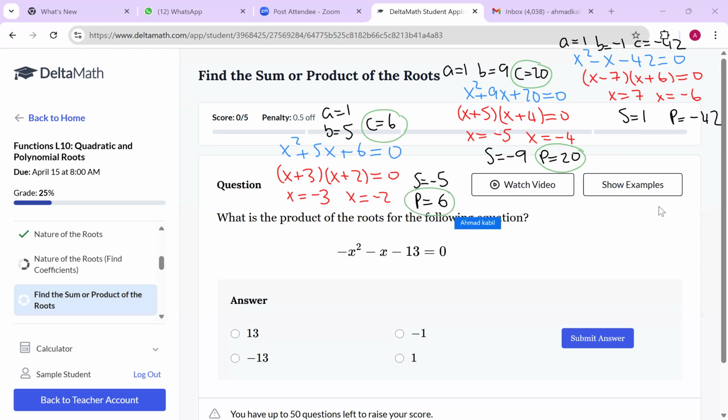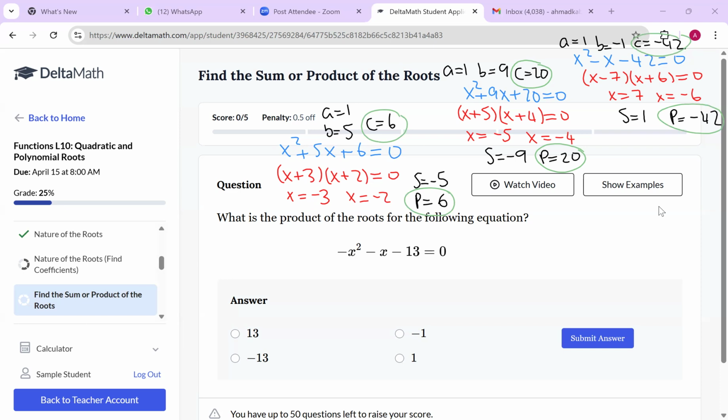And in the third case, C is -42 and P is -42. Of course, I did 3 different examples so that we are in no doubt that there is no coincidence here. C will always be equal to the product of the 2 roots.